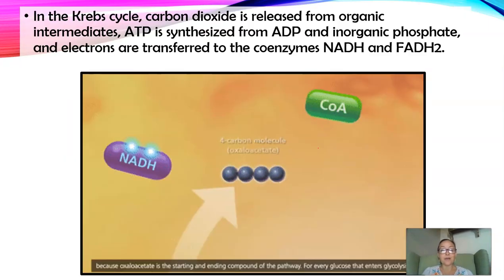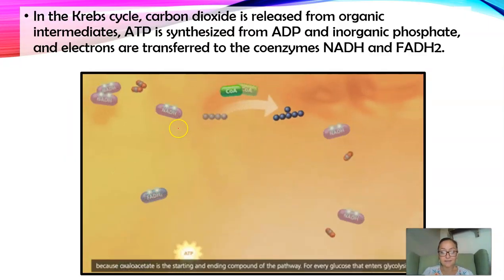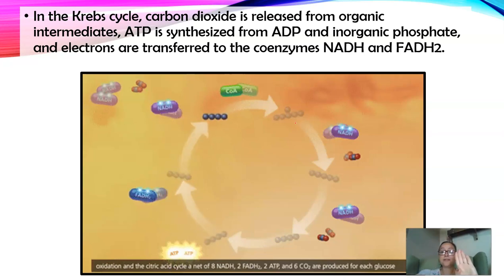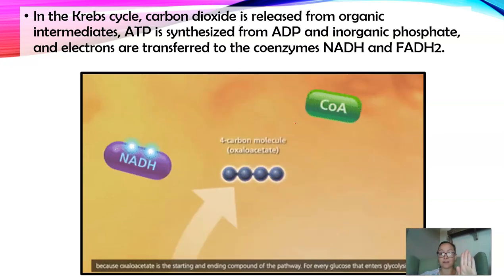So now your acetyl-CoA is going to join the oxaloacetate, and as we go through the Krebs cycle, you can see that it's a series of, in the beginning here, we're going to oxidize, which means we are going to break another bond and reduce an electron carrier.